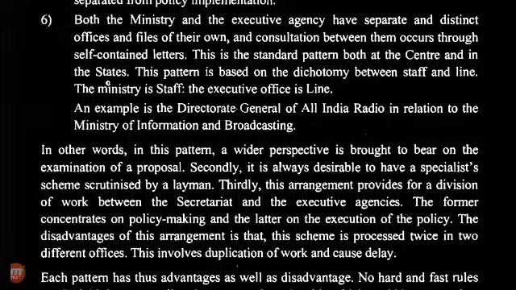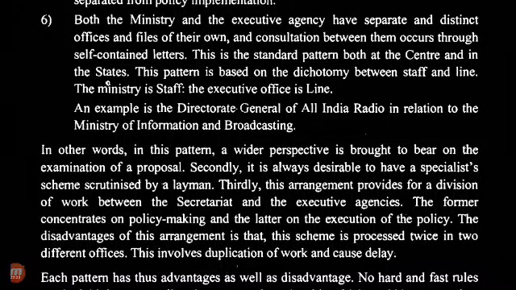This is the standard pattern both at the center and in the states. This pattern is based on the dichotomy between staff and line. The ministry is staff, the executive office is line. An example is Directorate General of All India Radio in relation to the Ministry of Information and Broadcasting.